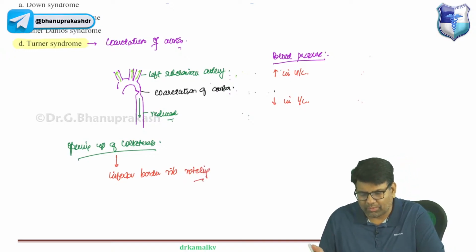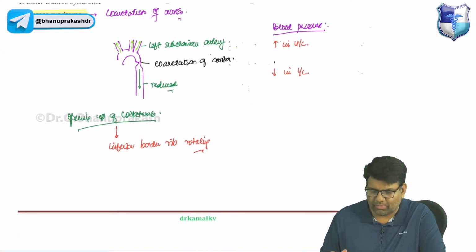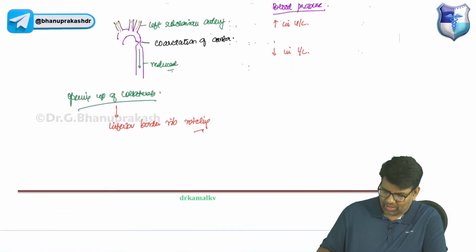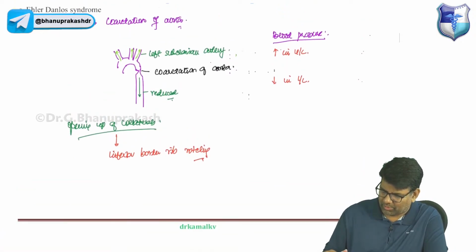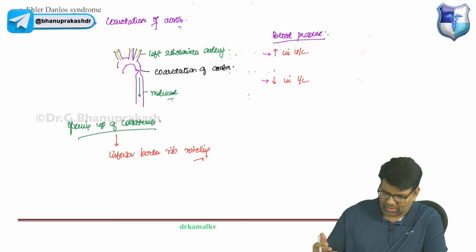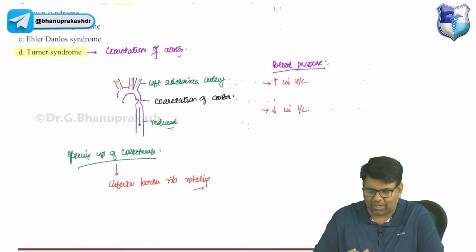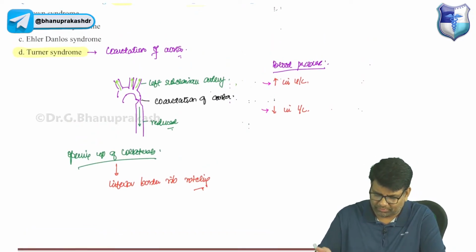So rib notching can be on the inferior border, please remember. So this is a little bit about coarctation of aorta, a classical picture of upper extremity hypertension and lower extremity hypotension. There can be dizziness or other things. So please remember coarctation of aorta and relate it to Turner syndrome.